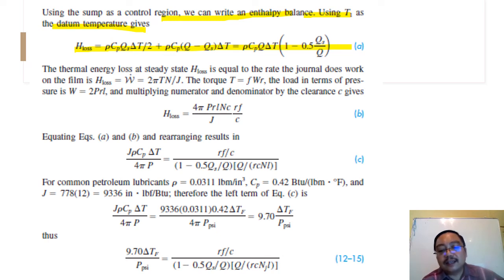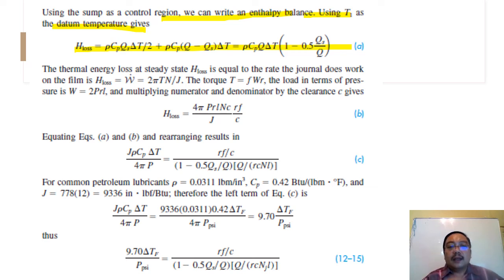This subject is also very hard to understand. Eventually we will understand, because when this topic involves temperature, you must also have basic knowledge from thermodynamics.